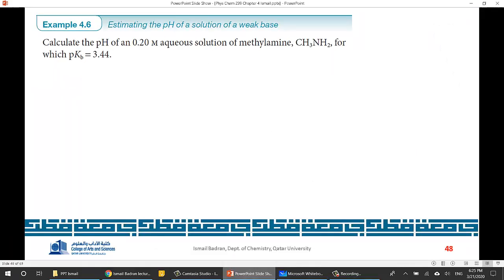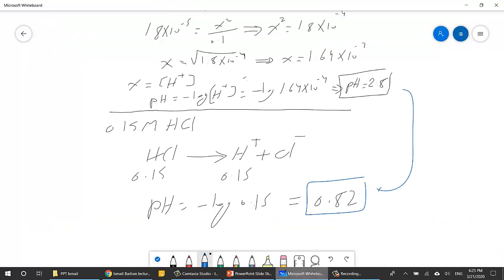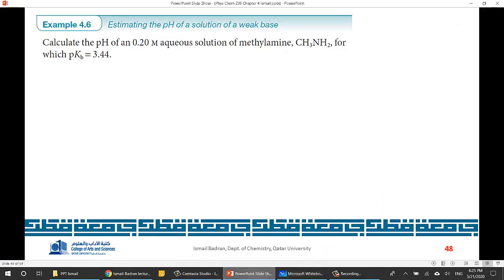Okay, now the next question is asking how to calculate the pH of a 0.2 molar solution of methylamine, which is CH3NH2. It's a derivative of ammonia, for which the pKb is 3.44. So this is question 4.6.